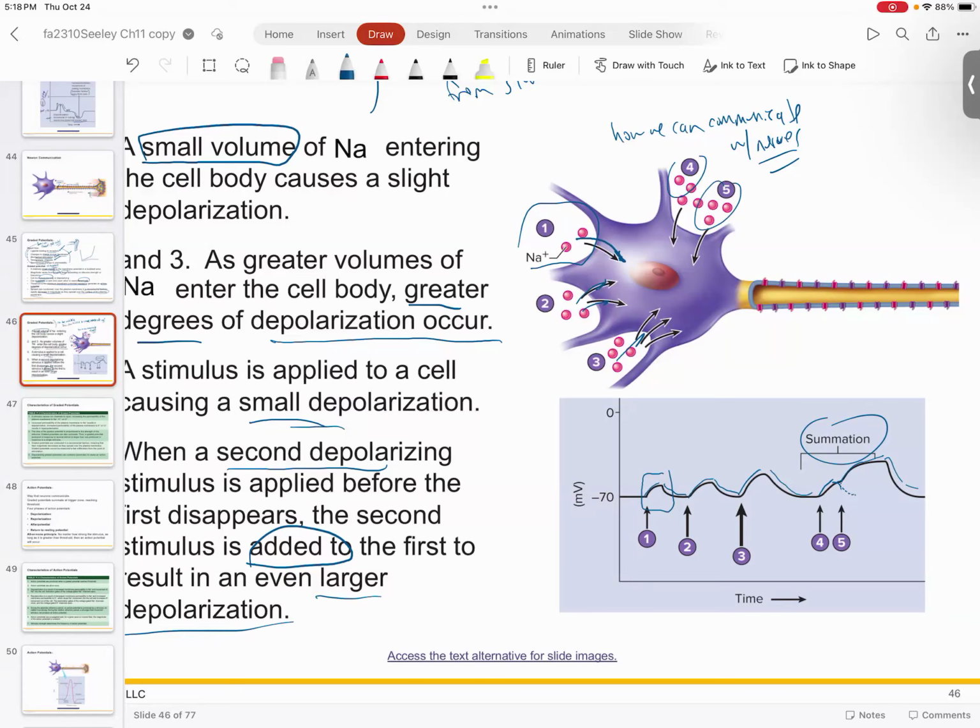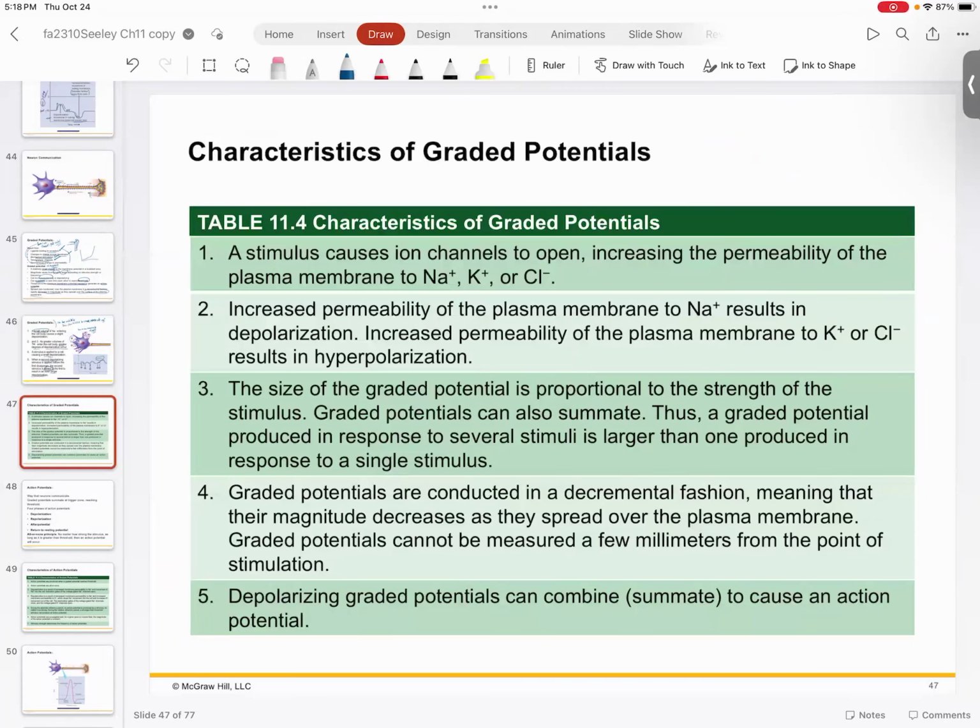Some are excitatory, some are inhibitory. And this is an example of one way where you're able to input some sort of a message coming from, say, another neuron into the cell body. And so now these depolarization messages are here, and the cell body is able to sort through all these messages.